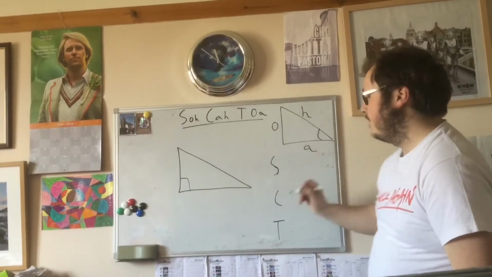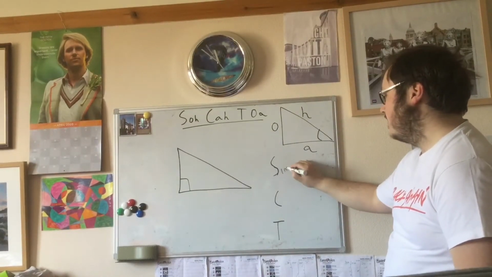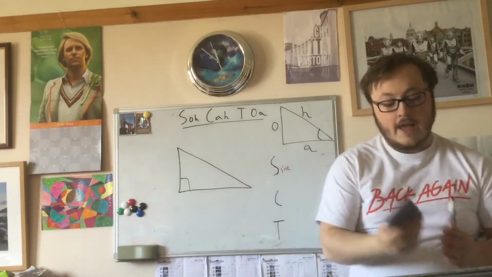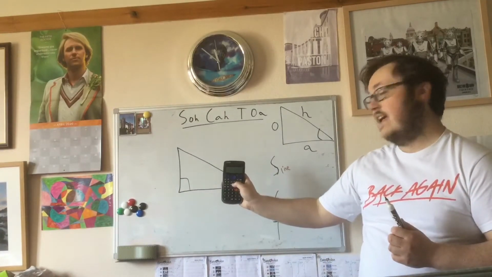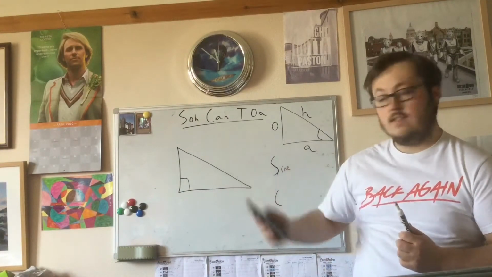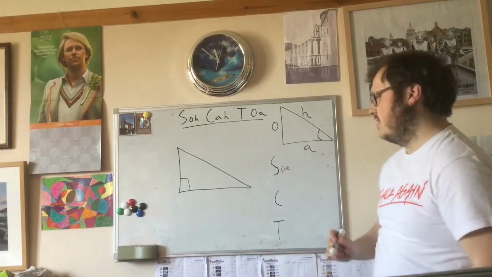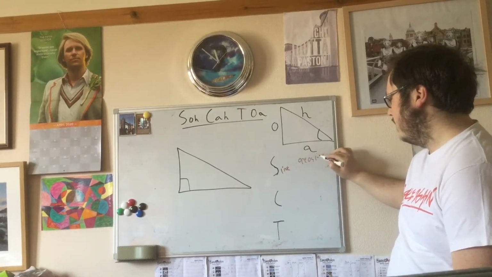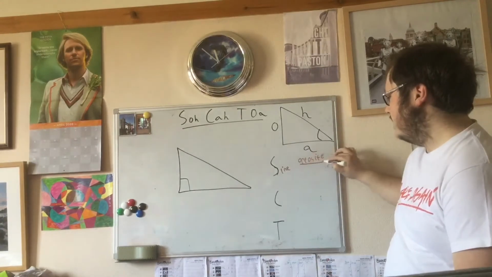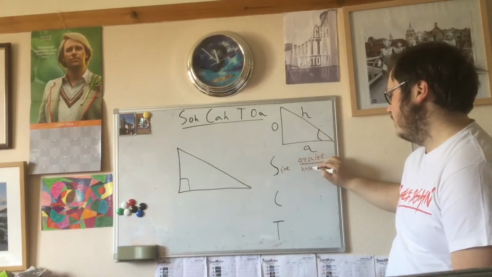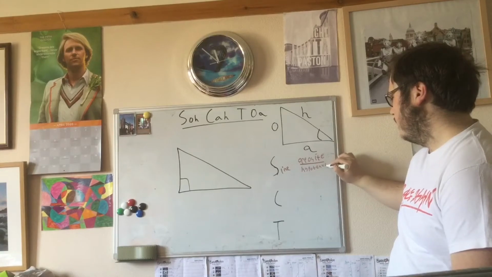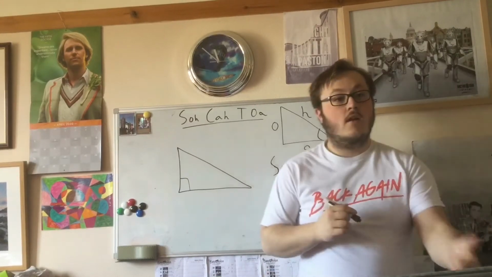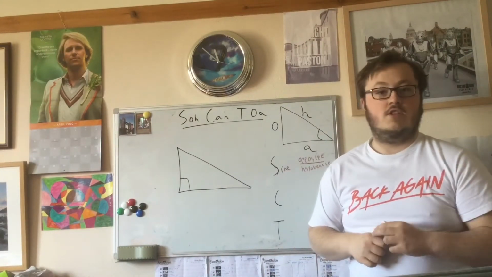So, the S stands for sine. So if you look at your calculator, you can see a SIN here. That's what sine stands for. But we use sine when we have an opposite and a hypotenuse.